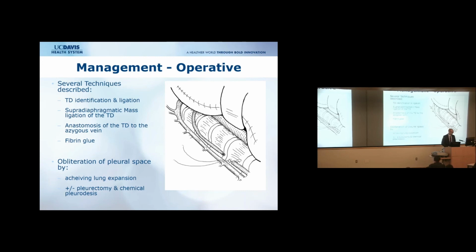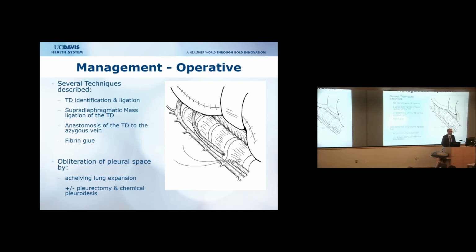So this schematic looks a little bit almost impossible. When you're in there, especially in a post-operative setting where the esophagus is no longer in its usual setting in the posterior mediastinum, it often will not look like this. But thoracic duct identification and direct ligation has been used as a management strategy.